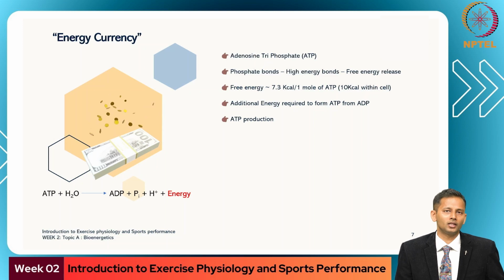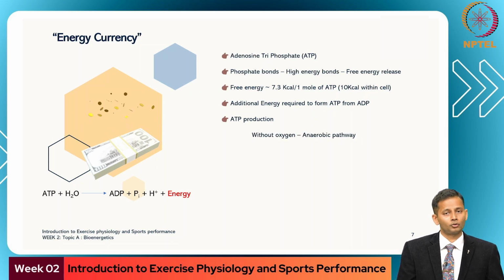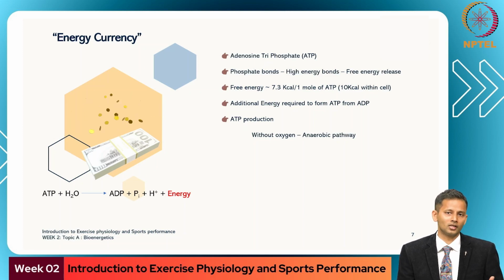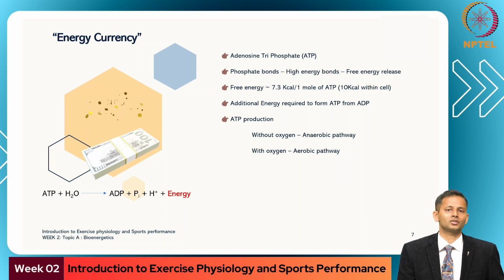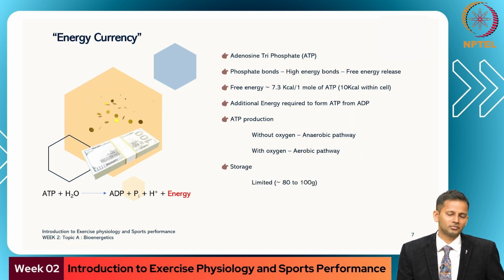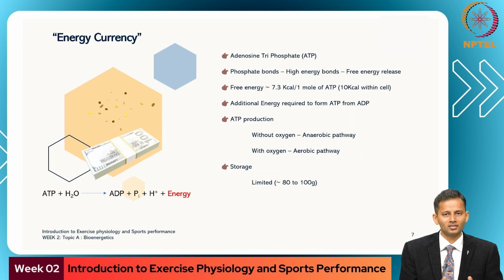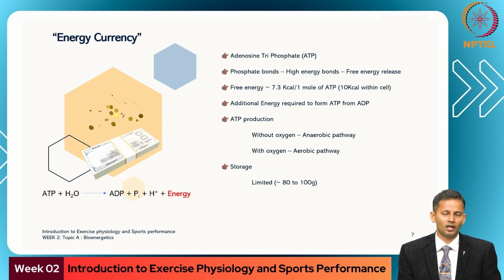So the ATP production involves two broad categories which I had mentioned earlier. Without oxygen, it follows the anaerobic pathway, and if oxygen is involved in the chemical process, it follows the aerobic pathway. How is it stored in the cell? ATP is the basic denominator of the energy in the cell, and the storage is very limited.